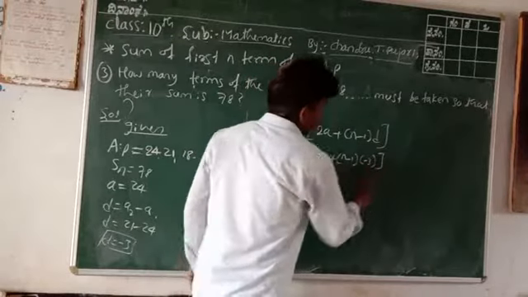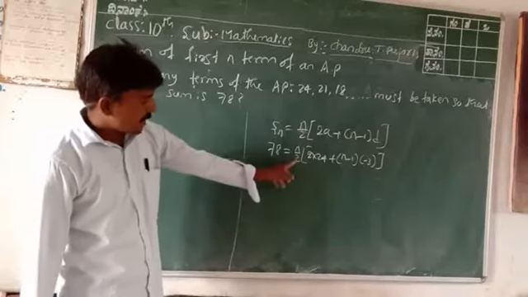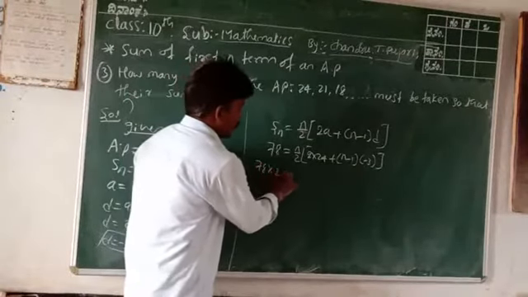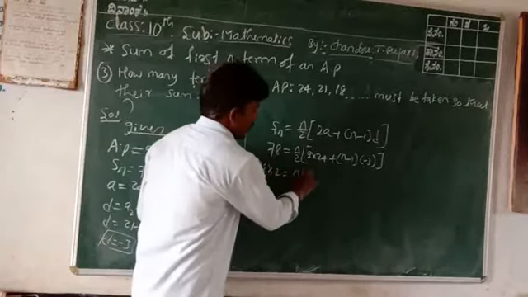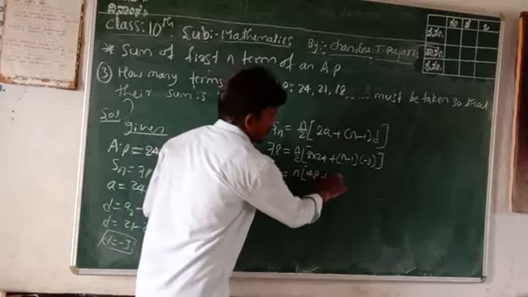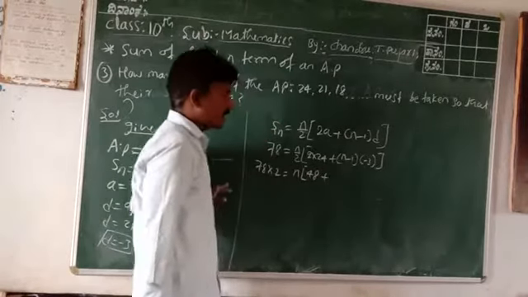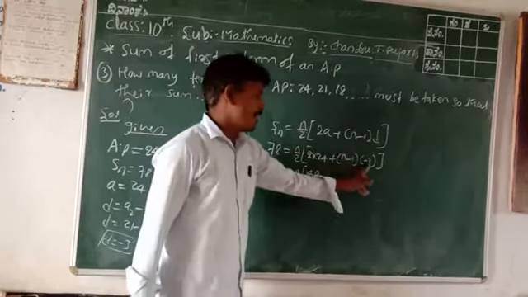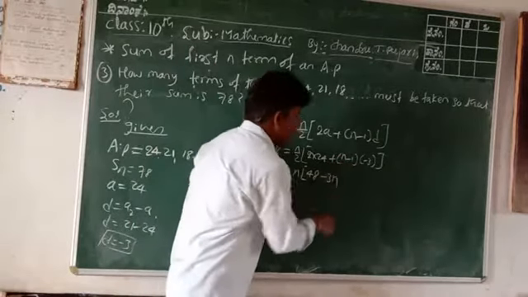Next, simplification. You can take 2 to this side, that is 78 into 2 is equal to n into bracket of 48 plus n minus 1 into minus 3. n into minus 3 is minus 3n.